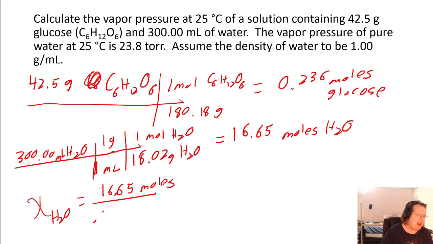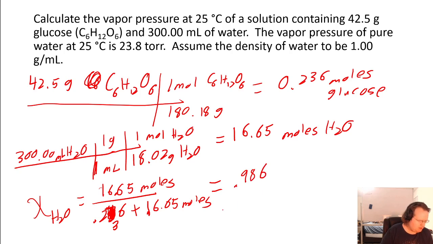Then on bottom, we need to add together the 0.236 plus the 16.65 moles. And when we do that, we're going to find that we get a mole fraction of 0.986.